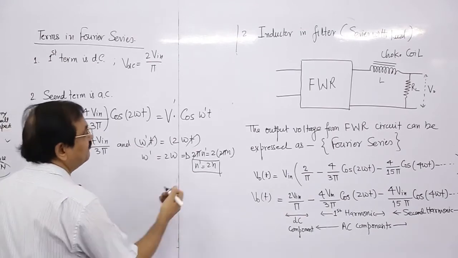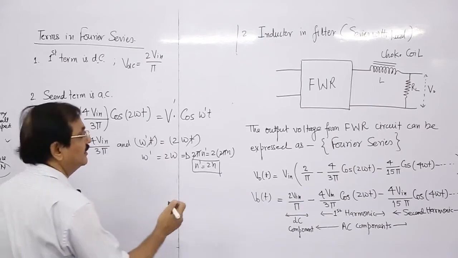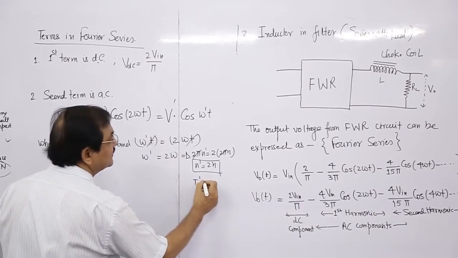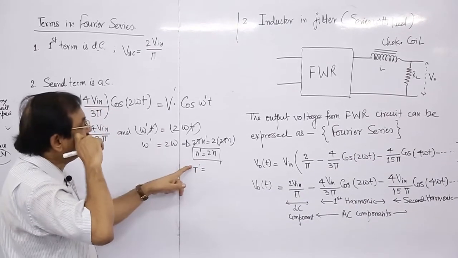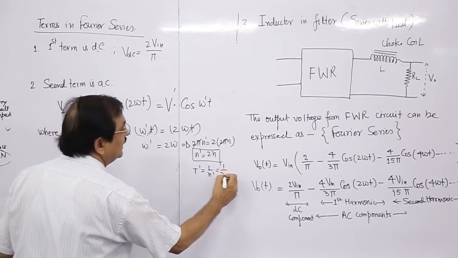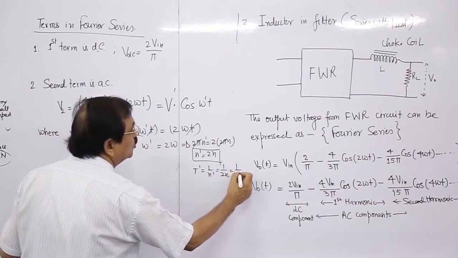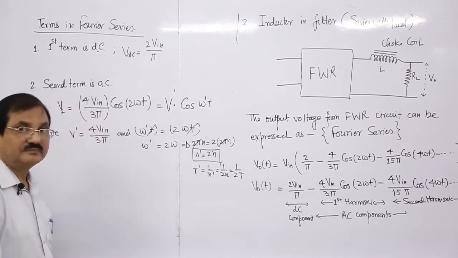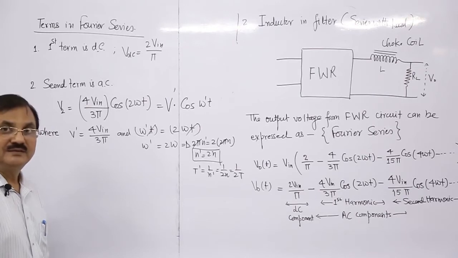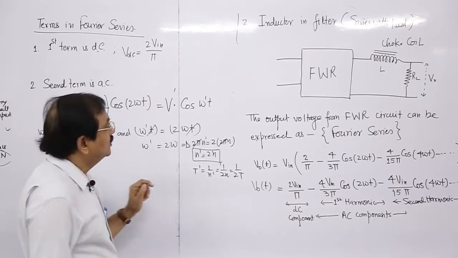So, if we take the terms of time period, this t dash is equal to 1 by n dash, that is 1 by 2 n, that is 1 by 2 of t, that is t by 2.